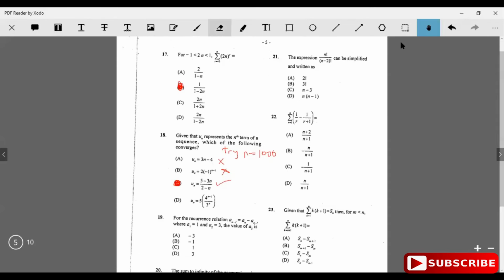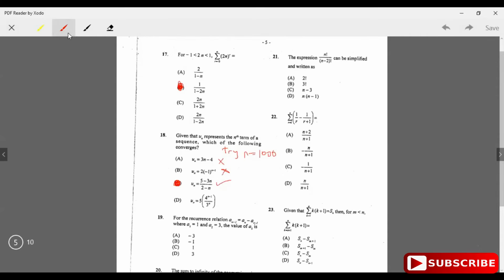I think it's 3. It's converging to 3. That's right. When you divide through by n, yes, it's 3. It's converging to 3. Nice.